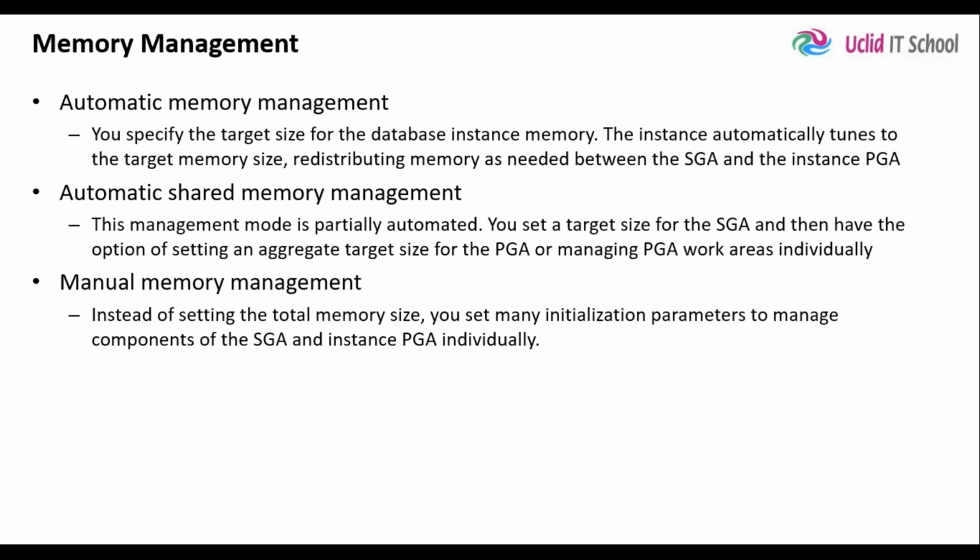That's it. Now Oracle will decide out of this 3 GB how much should be assigned to SGA and how much should be assigned to PGA. You don't need to specify that. So as a DBA, you just specify the total memory your database can use, and your database decides how this total memory should be distributed between SGA and PGA.